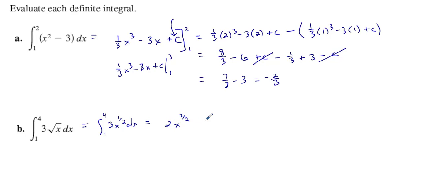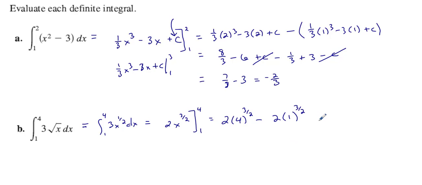We don't have to put plus c anymore if we're evaluating a definite integral because we're doing something with it still. From 1 to 4, so we got 2 times 4 to the 3/2 minus 2 times 1 to the 3/2. And for some of you who were asking or thinking to yourself, could I factor out a 2 and evaluate this from 1 to 4?